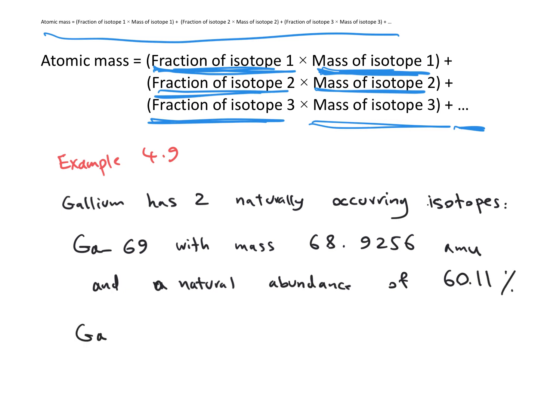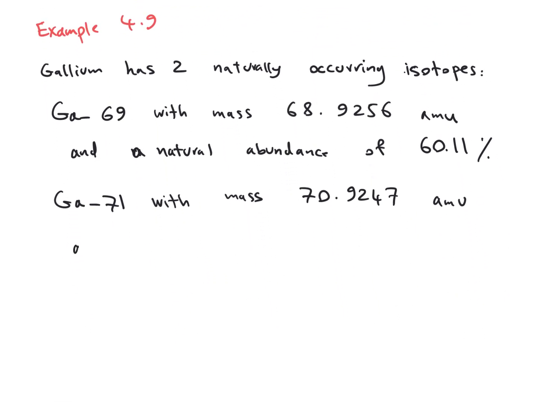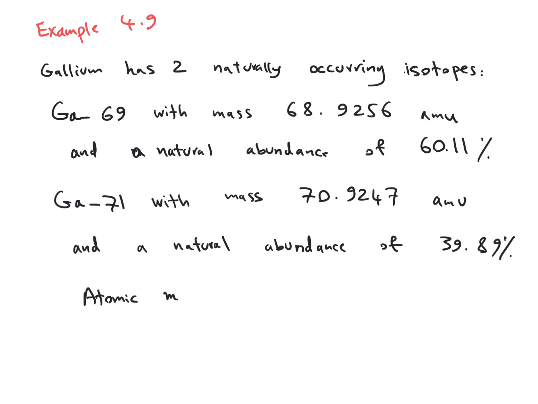The other one is gallium-71 with mass of 70.9247 atomic mass unit and a natural abundance of 39.89%. Now you are asked to write the atomic mass of gallium.